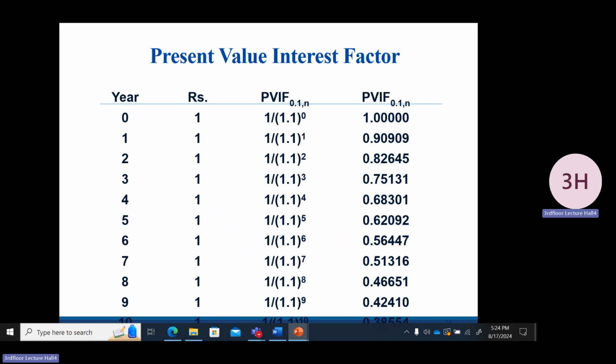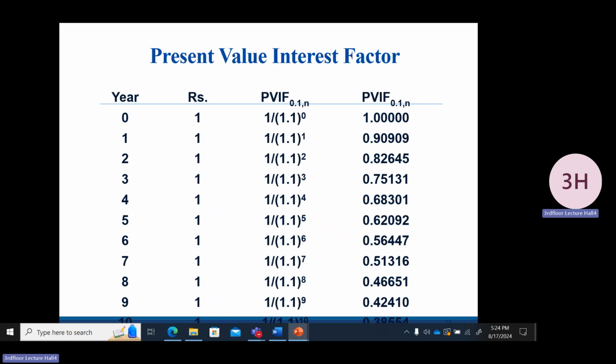What is the theoretical reason? Because of inflation, because of the time value of money.